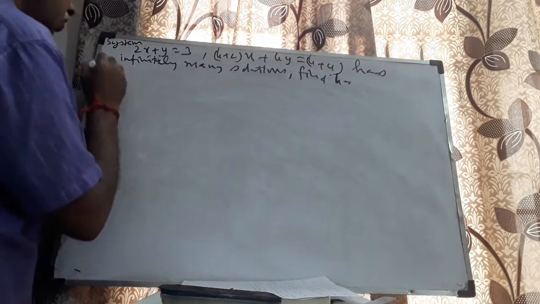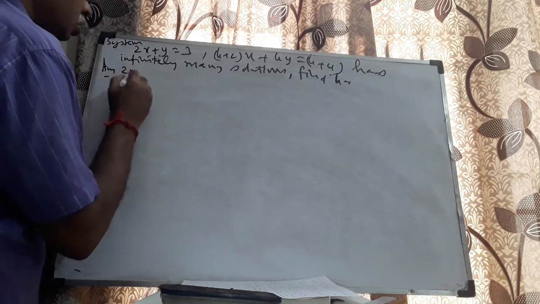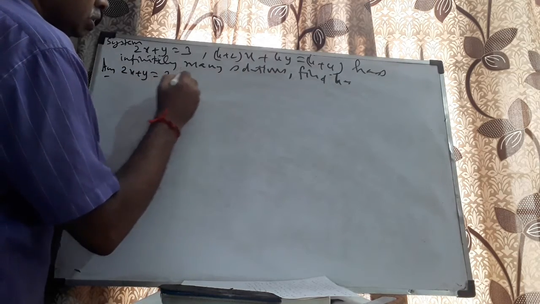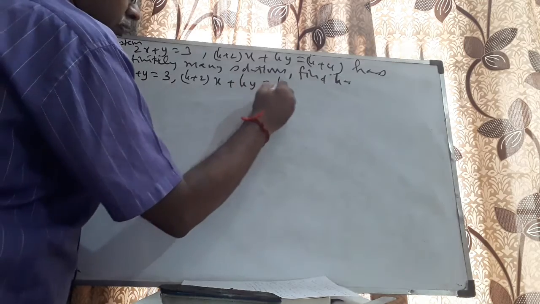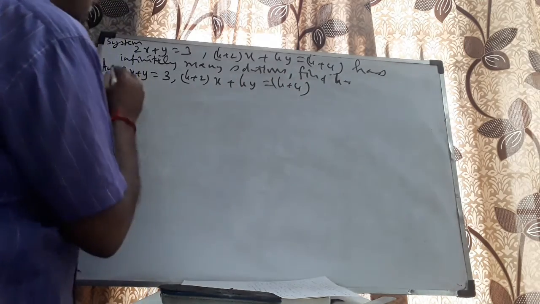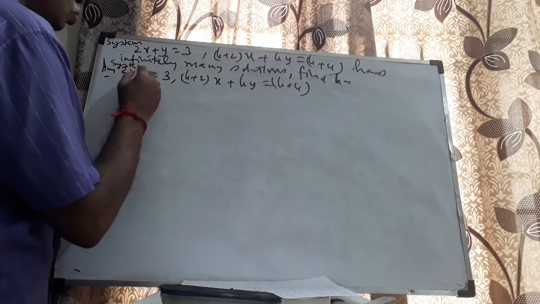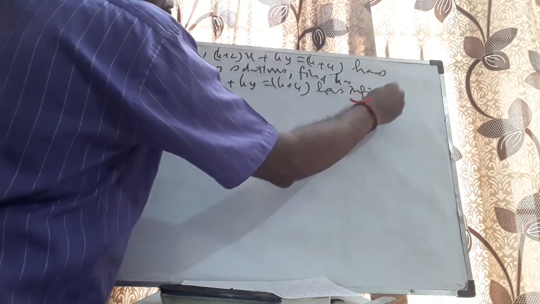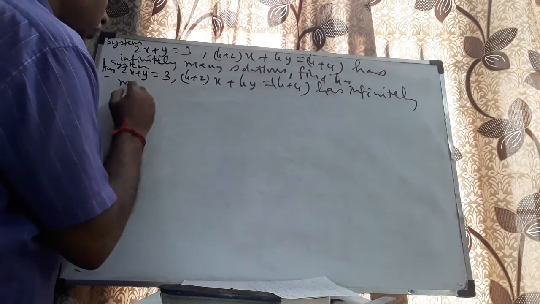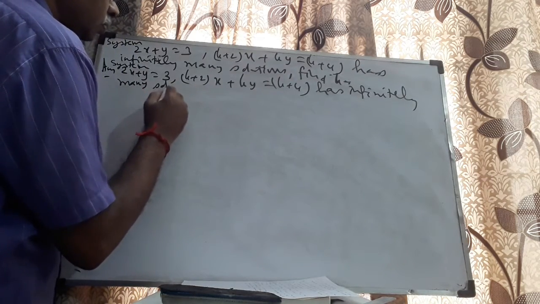Answer: 2x plus y is equal to 3, k plus 2 into x plus ky is equal to k plus 4. This system has infinitely many solutions.